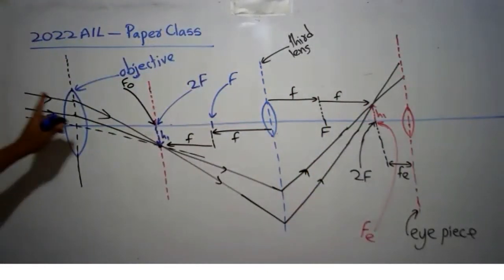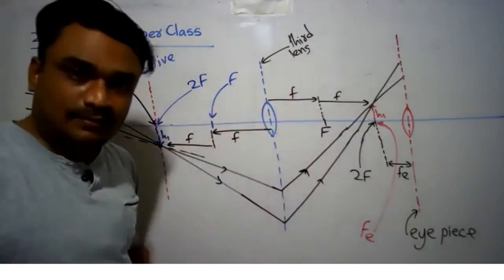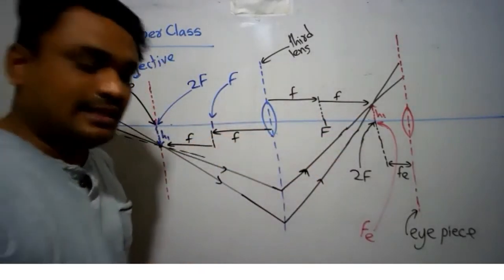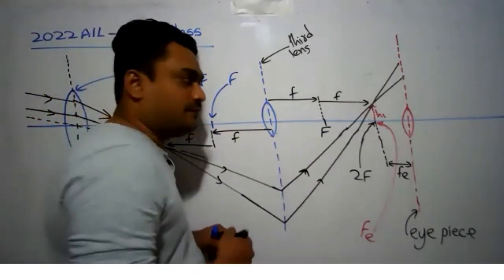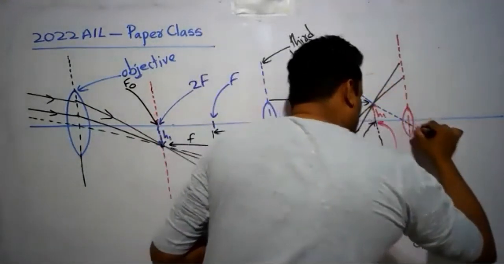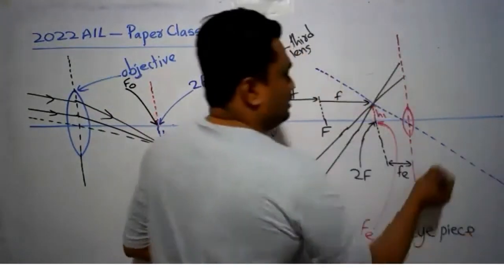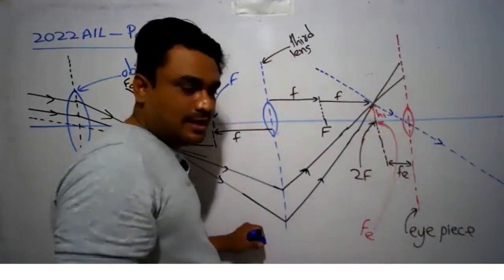Right. First image, second image. I want to obtain the third image. The easiest thing is, let's take a virtual light ray which is coming from this image. So I'll take a light ray which is coming through the optical center. So this is a virtual light ray coming from this image, right?